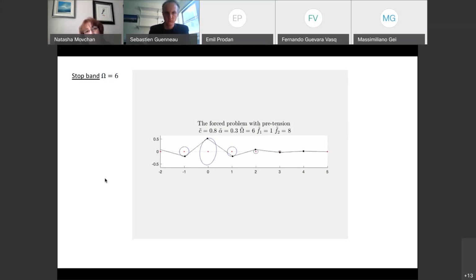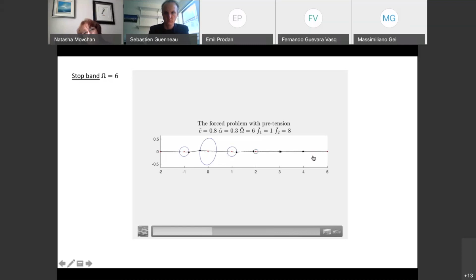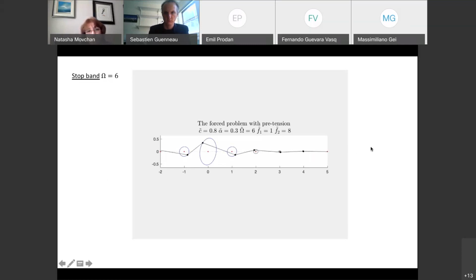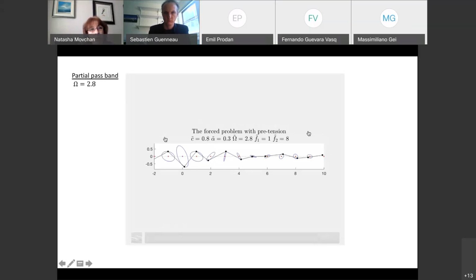And we can see that the biggest ellipses are at the node where we apply the force, and we can see that the size of the trajectories diminishes quite quickly when we go away from the point where we apply the force, because the platform is in the stop band.